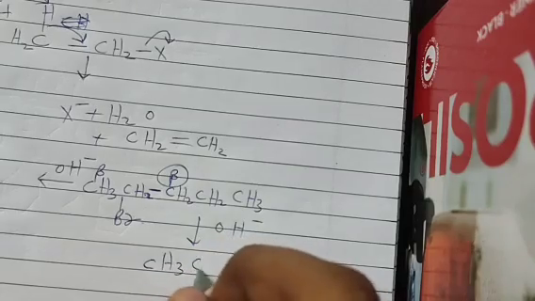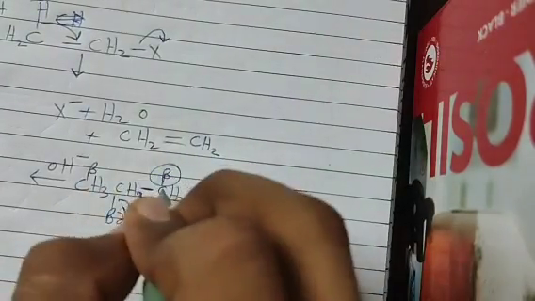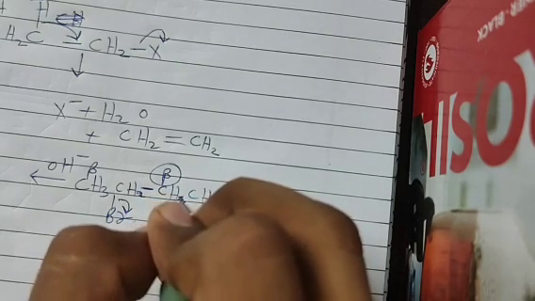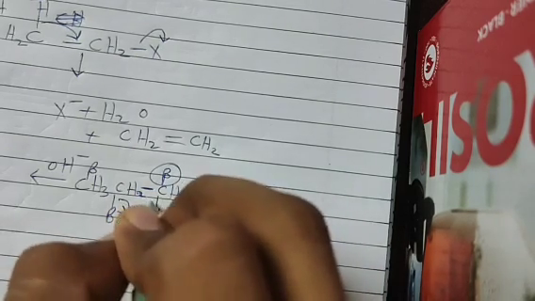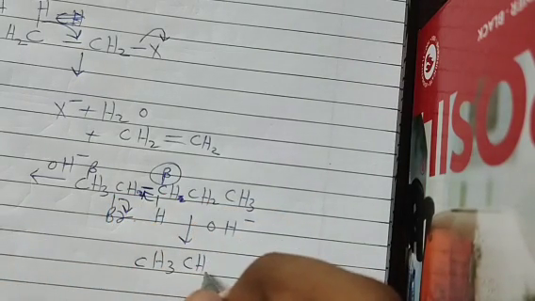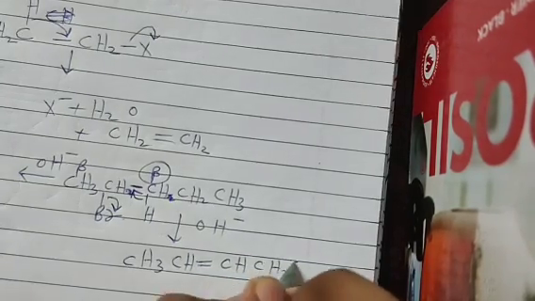CH3, CH, bromine gets removed. Now this hydrogen gets removed, and that one bond of this hydrogen atom comes here, and this hydrogen gets removed. So CH3, CH double bond CH, CH2, CH3.